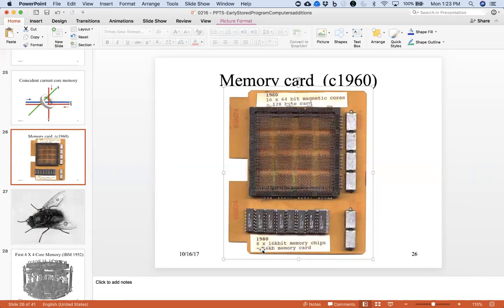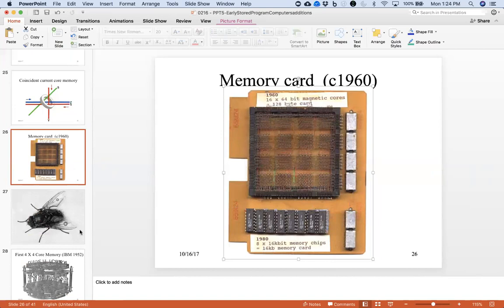This is the type of memory that was found in most of those early TRS-80s, the Commodore 64, which would come a little later, but the Commodore VIC-20 used a variant of this kind of memory. This is the kind that was found in much larger machines that were still filling up rooms. So what we're showing in this picture here are 2 different types of memory to come out of this core memory era.